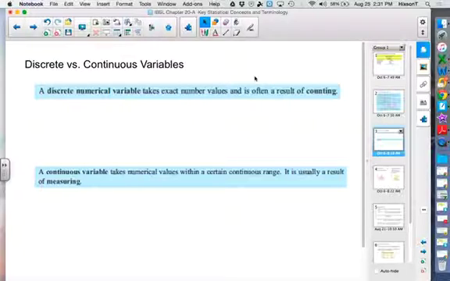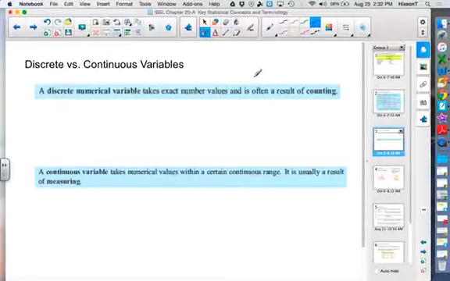Discrete numerical variables take exact values and are often the result of counting. In other words, there are no values between the values. For example, like we mentioned before, if we're counting the number of people who have brown hair, all right, 1, 2, 3, 4, 5, 6, 7, 8, 9, I guess.